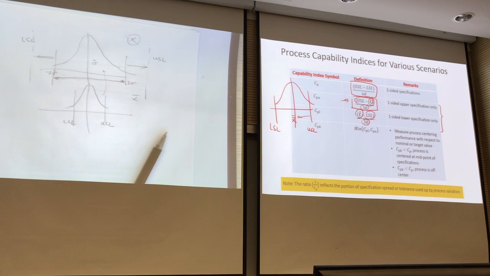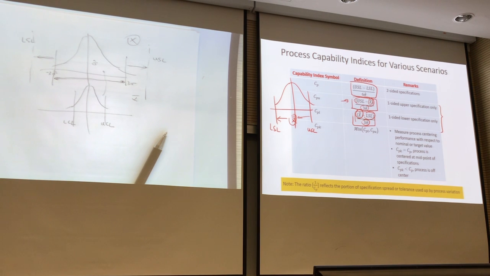And then this guy here minus this one is also a positive value. So CPU, CPL, see? The intention when you define it is that they want to produce only a numerical value that is meaningful for you to interpret.